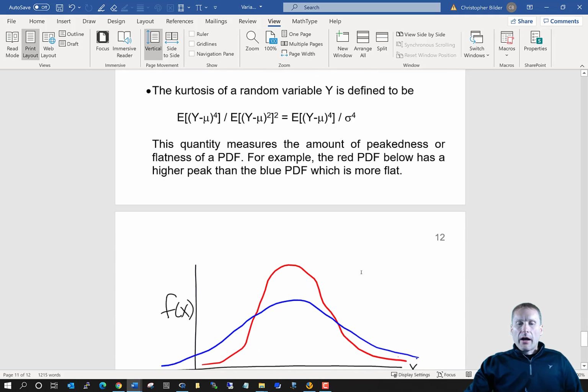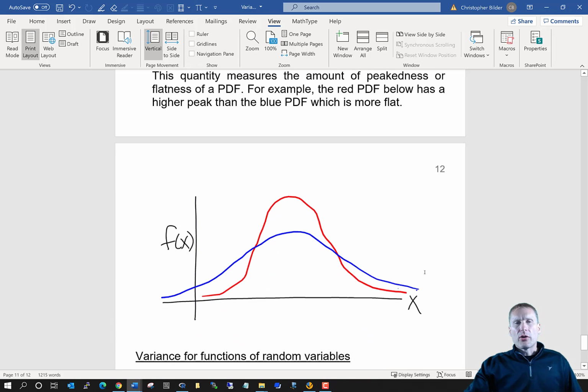Now, there's another measure that we could look at. For that g of y value, we could put y minus mu to the 4th and find the expected value of that. Then if we divide by sigma to the 4th, we get a measure called the kurtosis of a random variable. Here's a very crude diagram to help illustrate what kurtosis means. It corresponds to how peaked the probability distribution is.